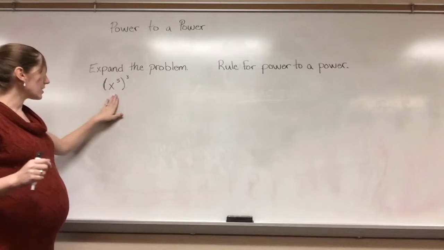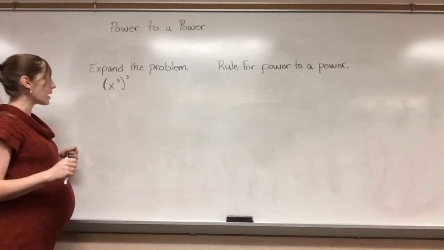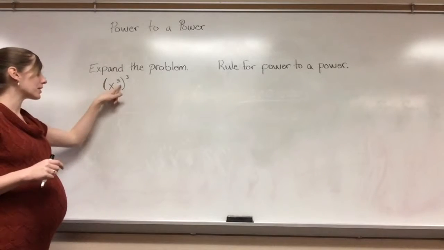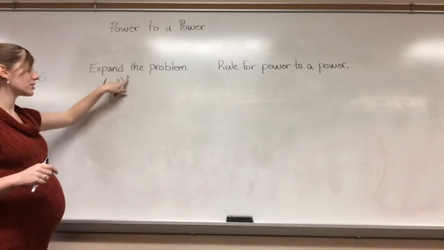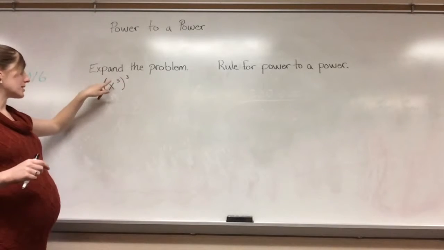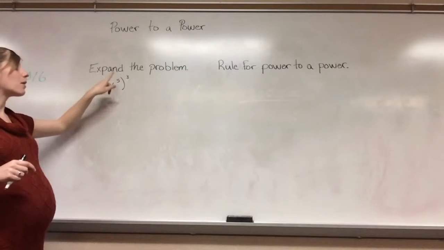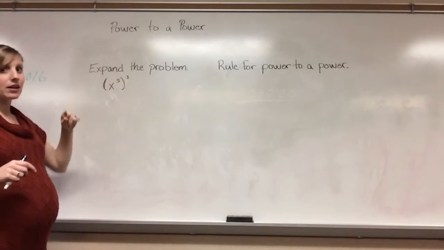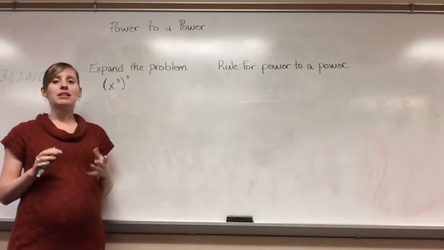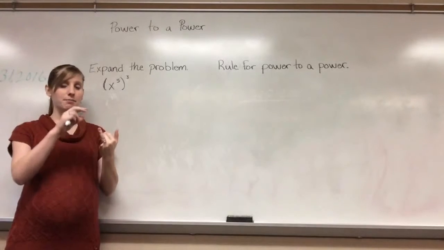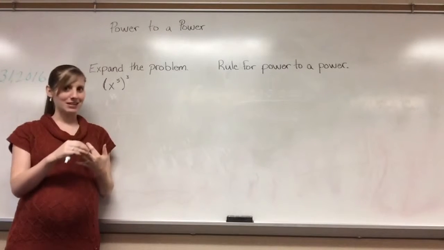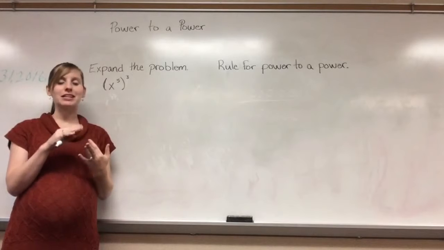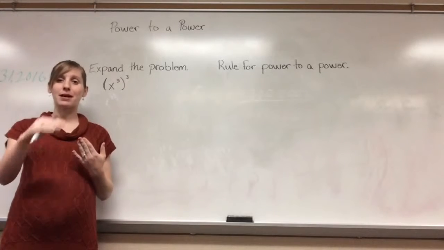Okay, so taking a look at this first problem, we have x to the 5th power, and we're raising that entire term to the 3rd power. So we're raising something that's to the 5th power up to the 3rd power. Now remember, an exponent means you're multiplying that by itself that many times. Whatever the exponent is, that tells you how many times to multiply it by itself.